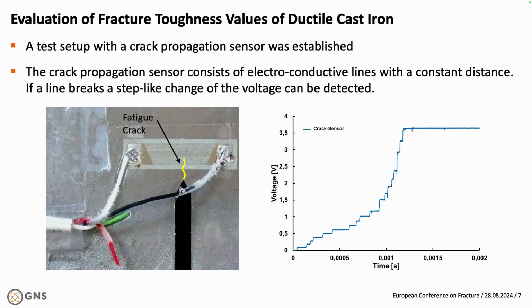We tested these crack propagation sensors. It consists of 20 electroconductive lines with a constant distance, and each line leads to a voltage change if it's ruptured.